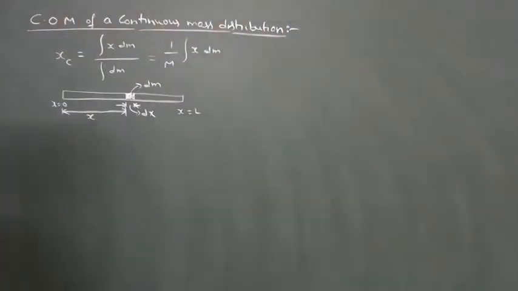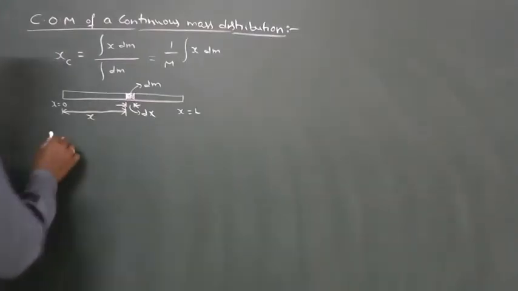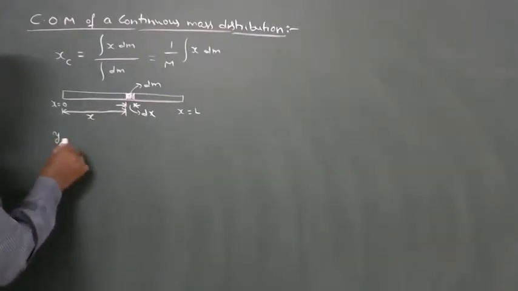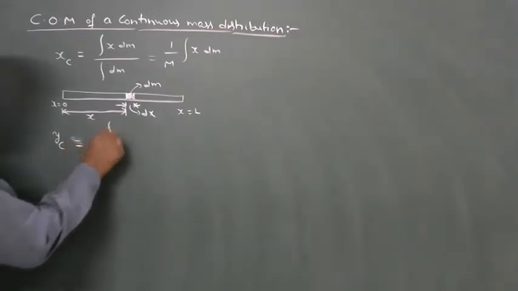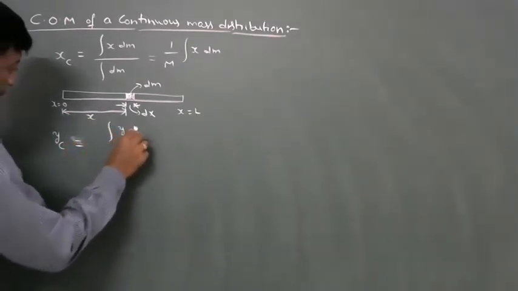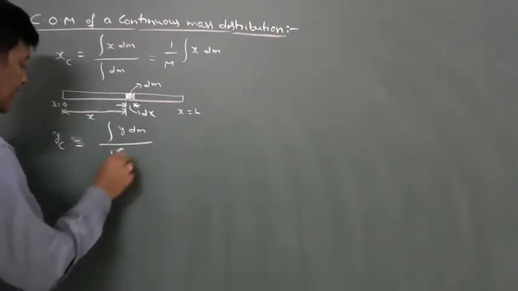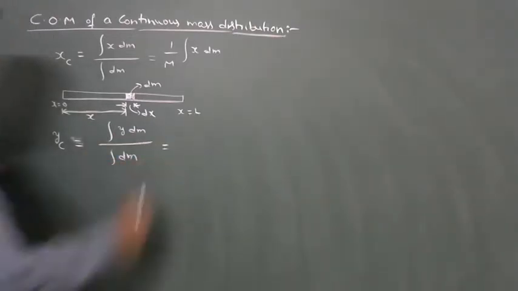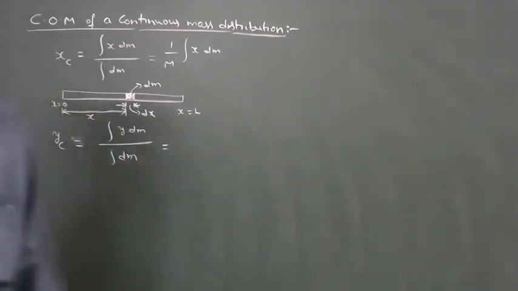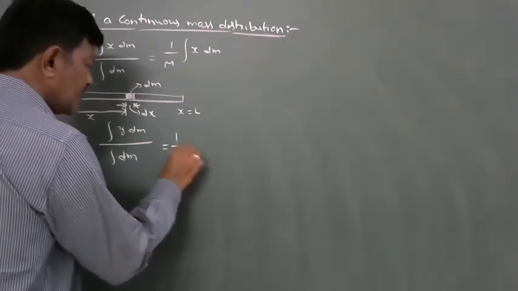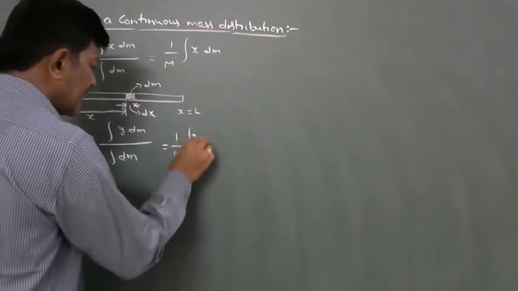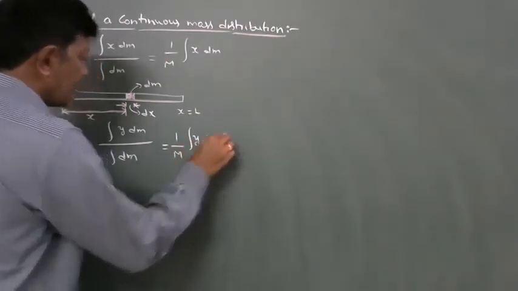Next, y_c is equal to integral y dm divided by integral dm. Integral dm means the total mass of that distribution, so 1 by M integral y dm.